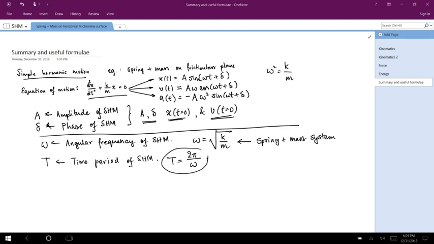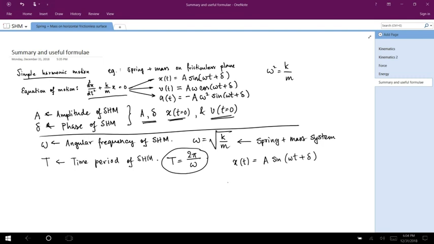Okay, what does this time period mean? Well, what we could do is start with our position expression at some time t. So x of t is equal to A sine(omega t plus delta).